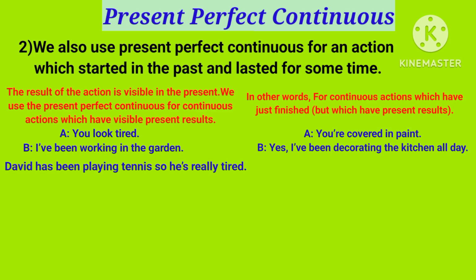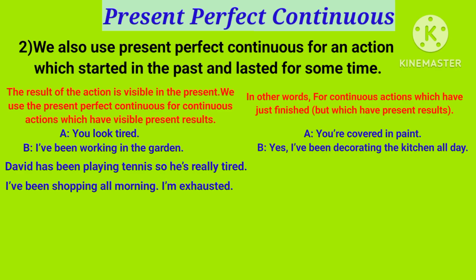David has been playing tennis, so he's really tired. Action, playing tennis recently. Present result, he's tired now. And we use present perfect continuous to explain the cause of his current state.